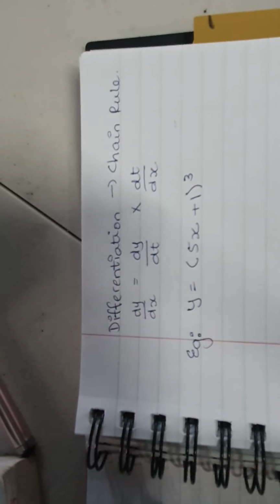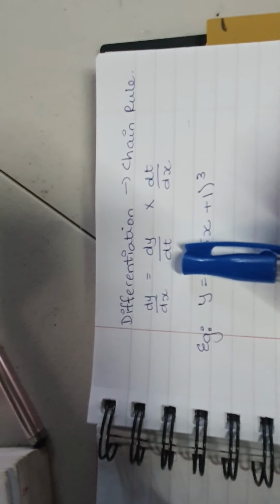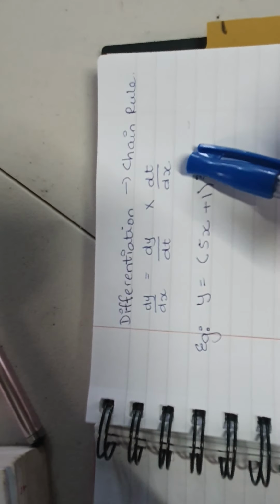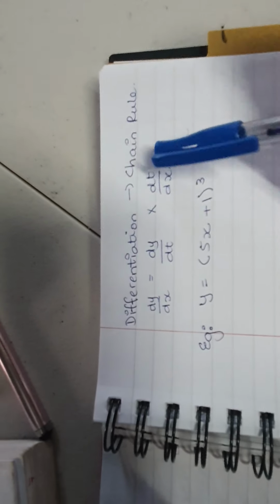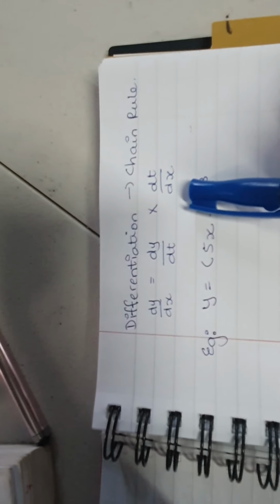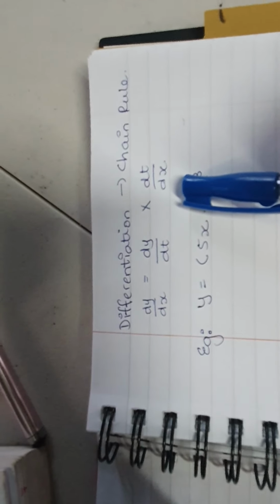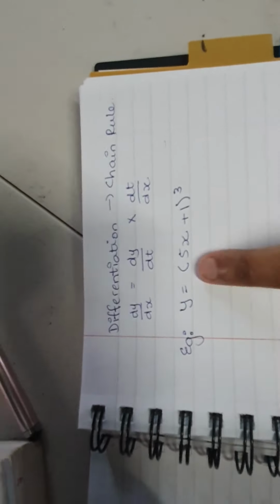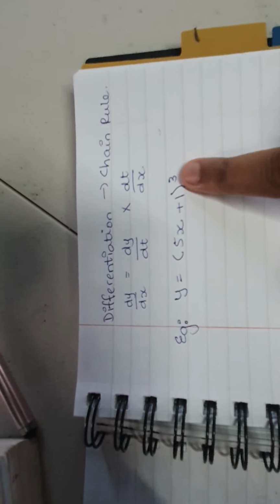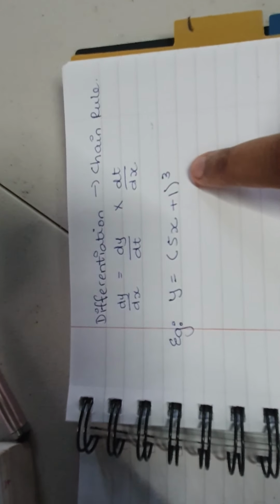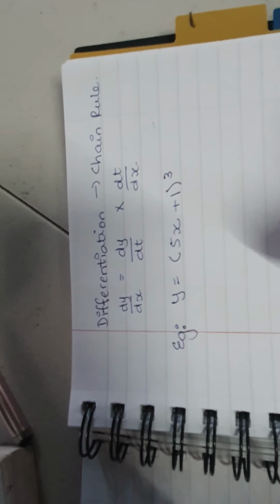So we have dy/dx is equal to dy/dt multiplied by dt/dx. Okay, so I'm going to show you where this dy/dt and this dt/dx are coming from, right? It's not difficult, and you're going to realize that when we do this example. So we have this expression raised to a power. The first thing you're going to do is make a substitution. So you're going to let t equal to something.